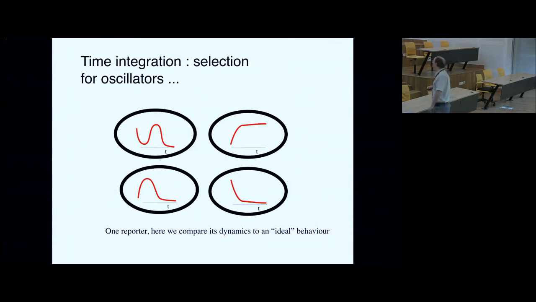This metric is difficult to define, because if you want to quantify the oscillating characteristic, it's not obvious what to do if you don't already have an oscillator. Clearly these things don't oscillate, but there might be ways to tell that this one is closer to an oscillator than these ones.